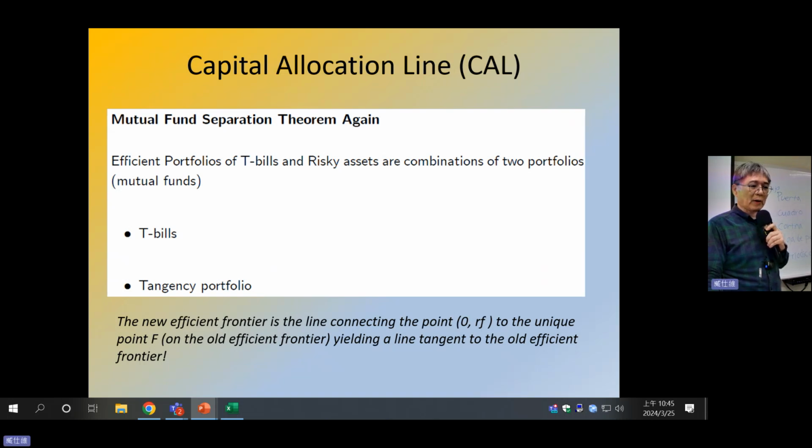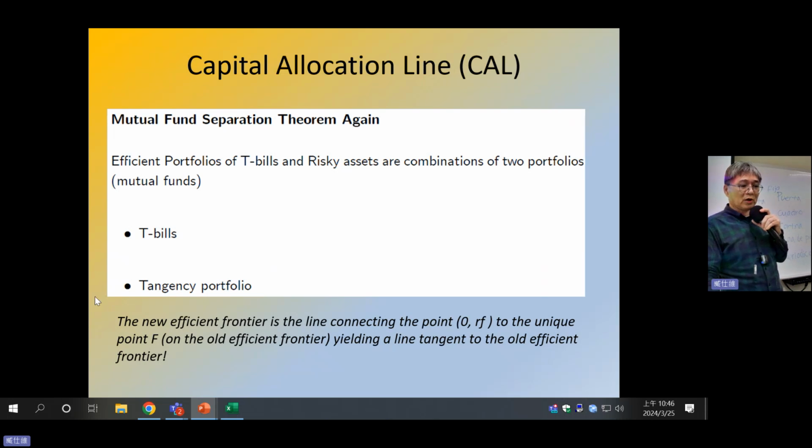Okay, so this is about the mutual fund separation theorem. We just mentioned that if we only have two assets in our hand, one is a risky asset, the other one is a riskless asset, in this case the efficient frontier will become a straight line instead of a hyperbolic curve. So this is totally different.